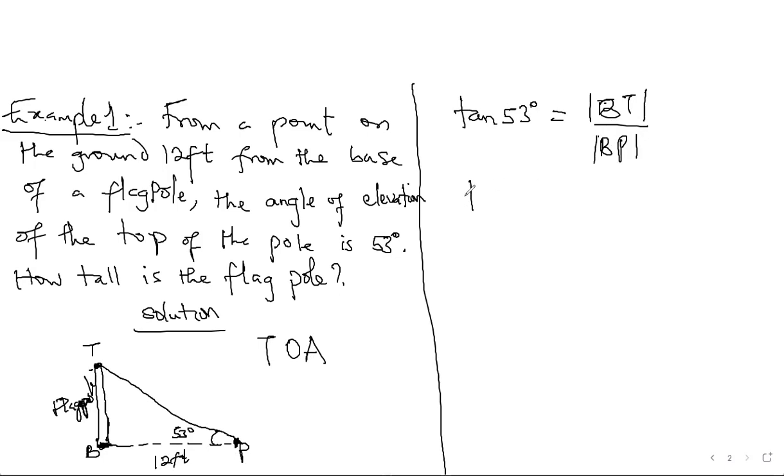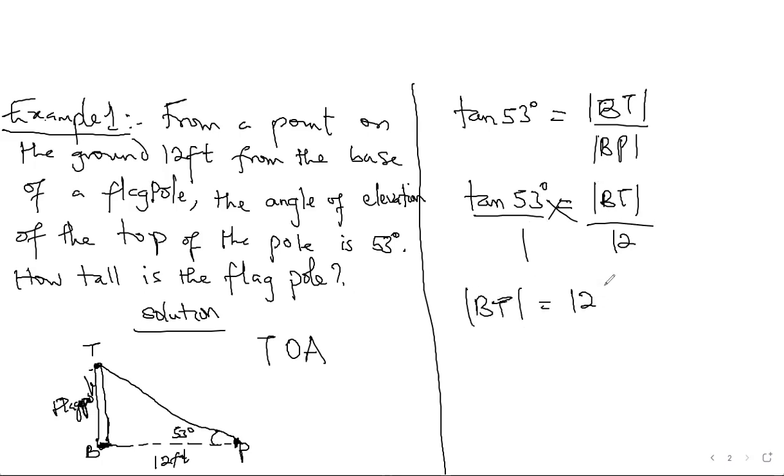So tan 53 degrees will be, what is BT? That's what we are looking for, divided by what is BP, 12. So we cross multiply, then BT will be equal to 12 tan 53 degrees.